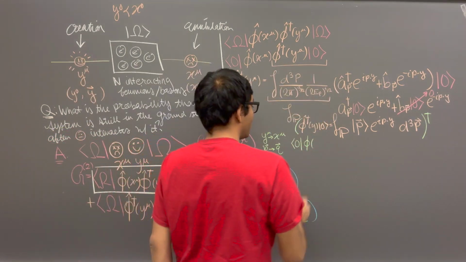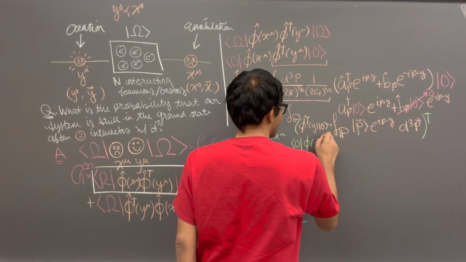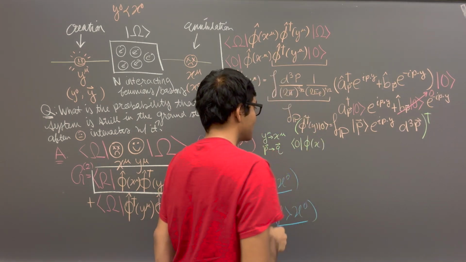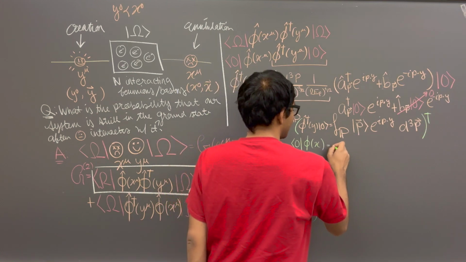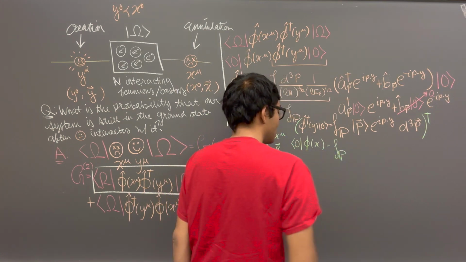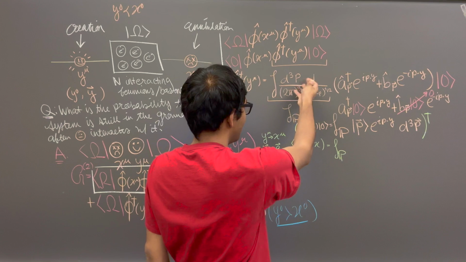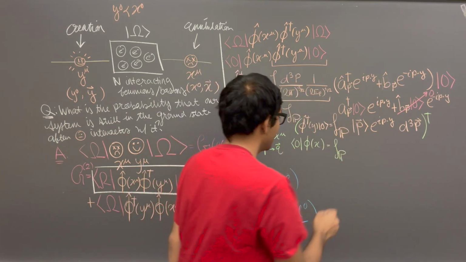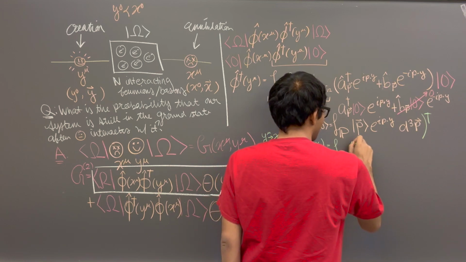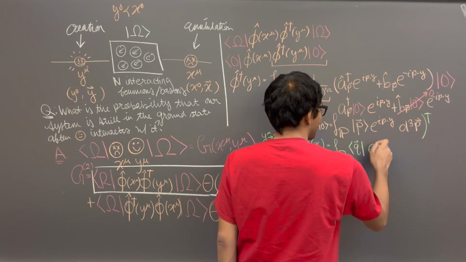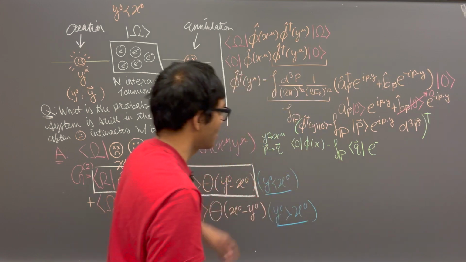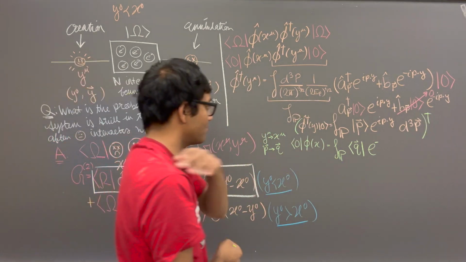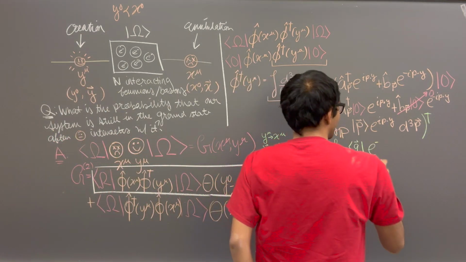So we've got phi of x mu, which is equal to the integral over the integral measure. And so instead of p, I'm going to have bra q and e to the minus, because remember, I am taking the complex conjugate. I am changing this I to a negative I.